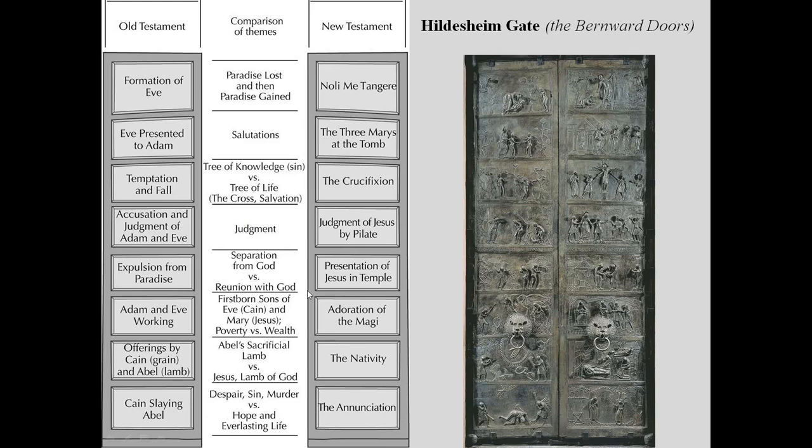Expulsion from paradise and the presentation of Jesus in the temple. Expulsion from paradise was the result of the temptation and fall of Adam and Eve, the first people. And the presentation of Jesus in the temple was the moment after his birth, when the Virgin Mary brought him to the temple, and Saint Simeon made sure that truly the Messiah was born from the Virgin.